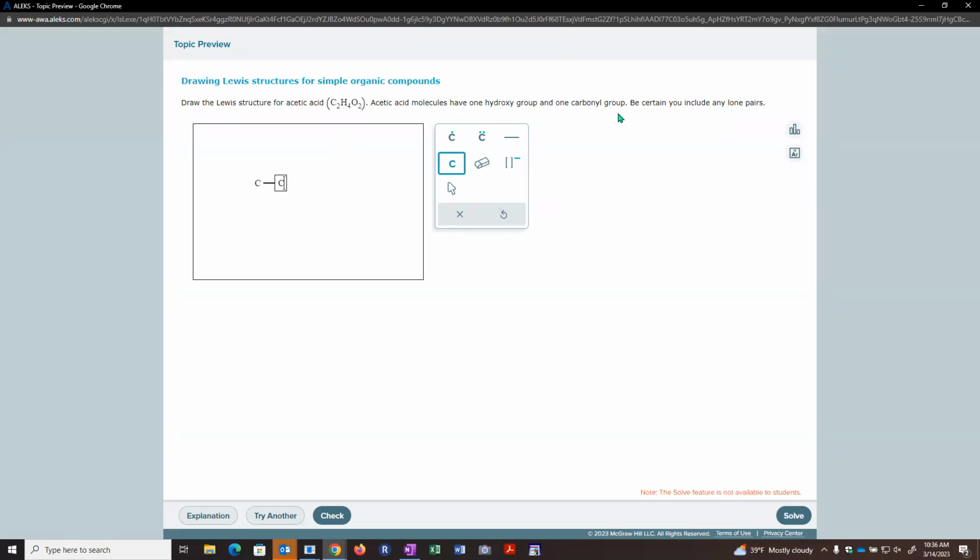that there's a hydroxy group, so there's an OH, and the only place that OH can be connected would be to one of these carbons. So let's add a bond, and then we're going to place an OH on there. So we have an OH.